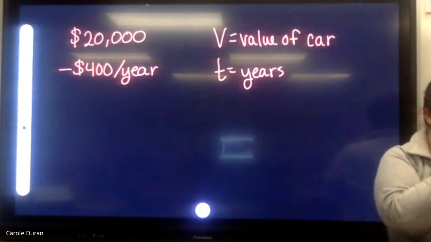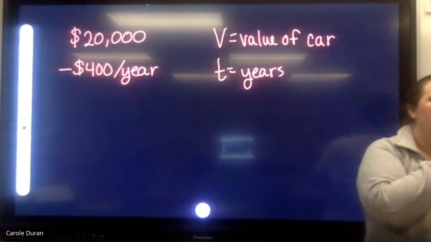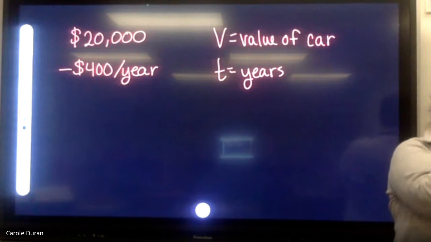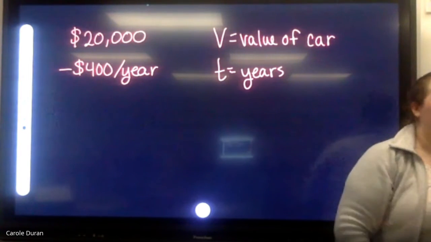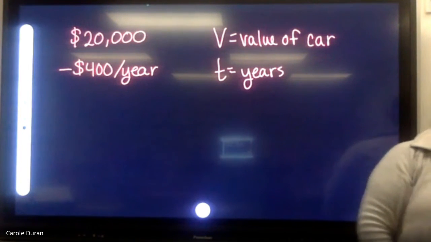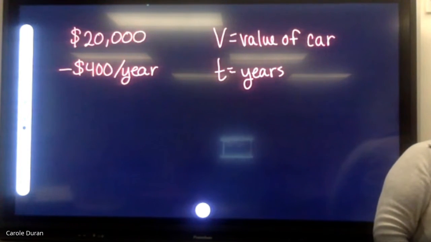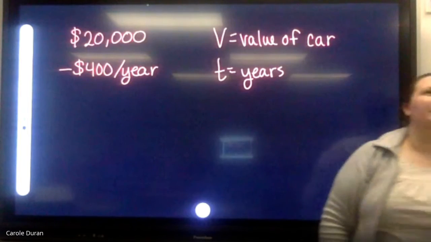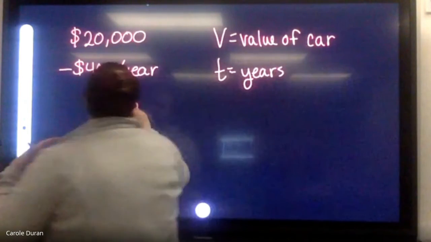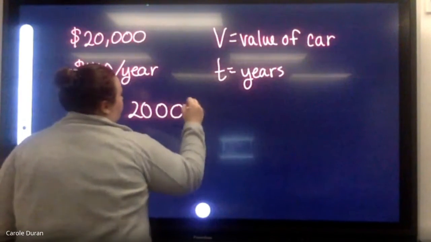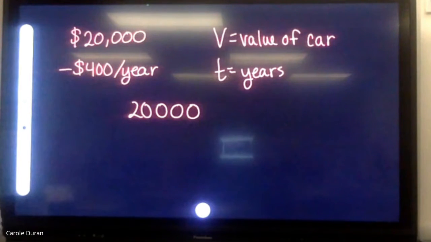Not T equals. You said T minus, sorry, say it again, Hannah. Okay, you're really close. I know that I'm starting with the 20,000, right? Is it 20,000 minus 400T equals 0?